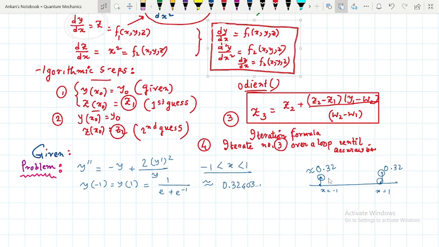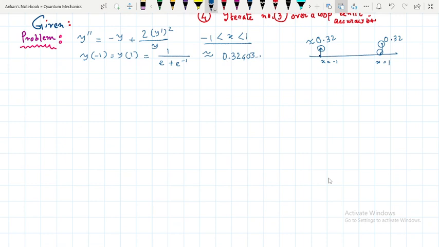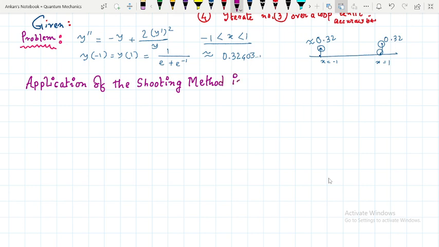Application of the shooting method in quantum mechanics.